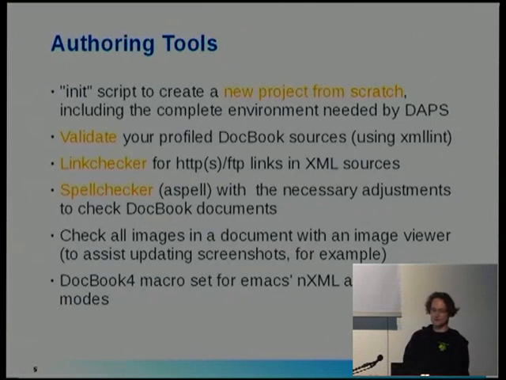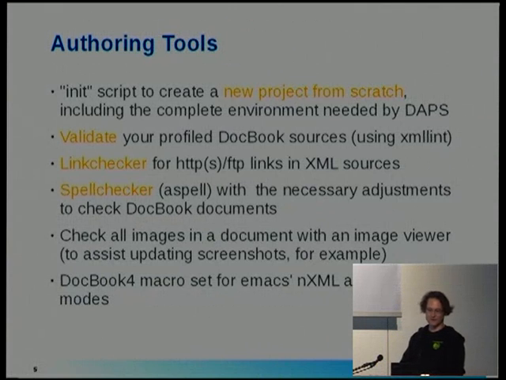DAPS also has some authoring tools which make it easier to maintain your XML sources. You can create a project from scratch with a daps-init command that creates the needed file structure. It also has an example document with which you can start. It's mainly interesting for starters with DocBook. You can easily validate your DocBook sources by just typing the validate command.